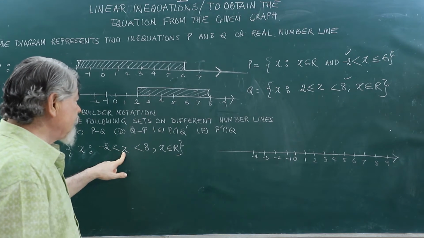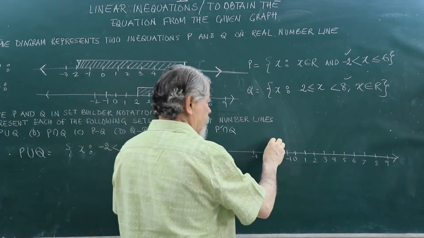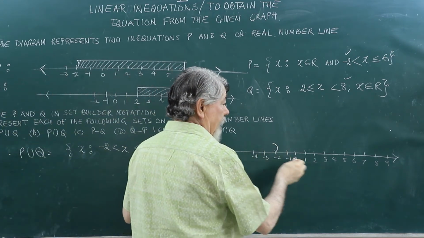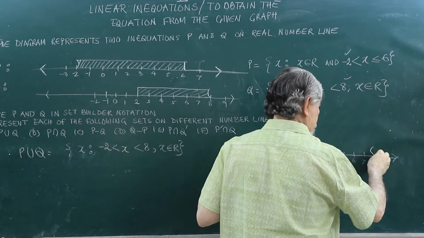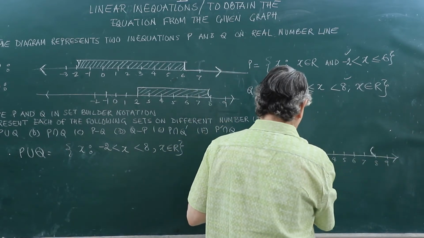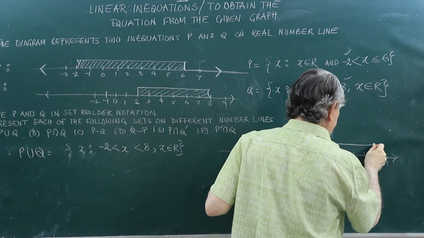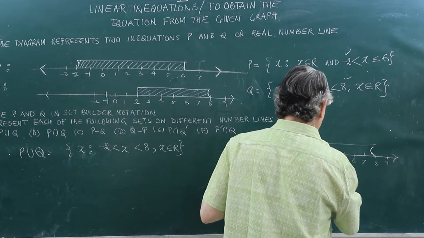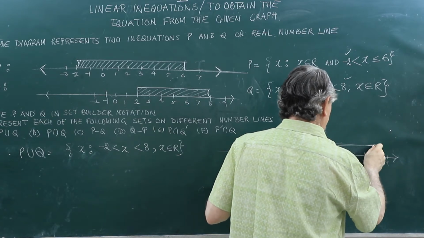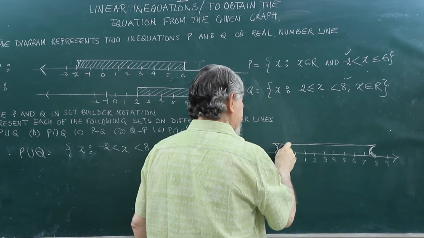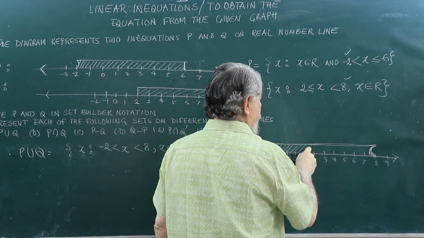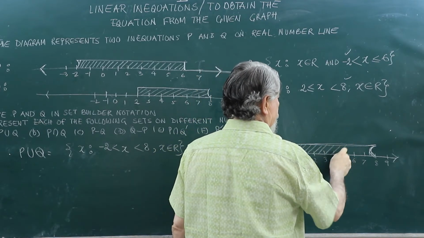Now it is greater than -2 and less than 8. You can draw it better by using your scale. I don't have a scale, so I'm just drawing a rough figure, but you can use a scale and make it look a little better.